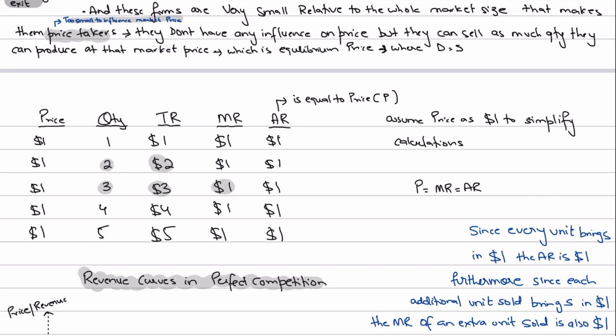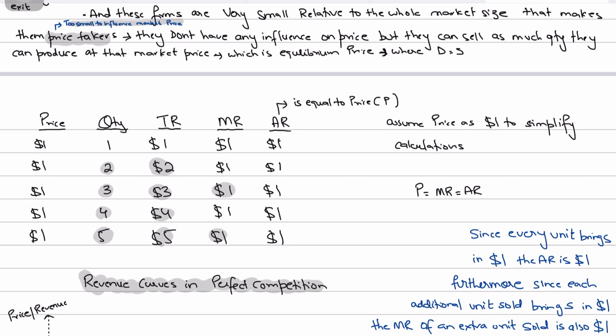And when you were selling 4 units, the total revenue was $4, and when you're selling 5 units, your total revenue is $5. So obviously, when you move from 4 to 5, again the incremental revenue is $1. Even if you apply the formula, marginal revenue is the change in total revenue divided by the change in output.